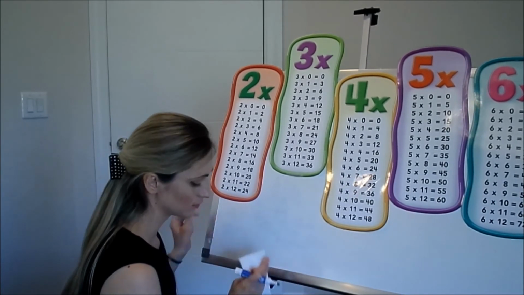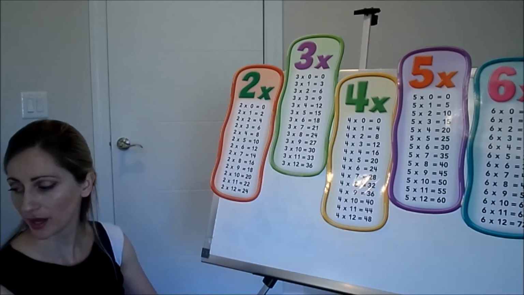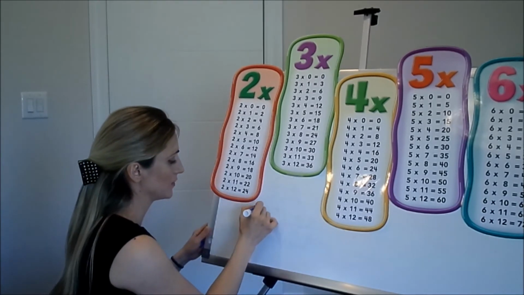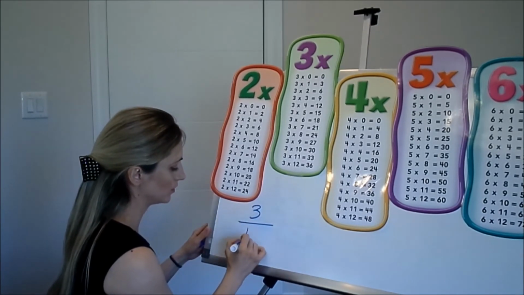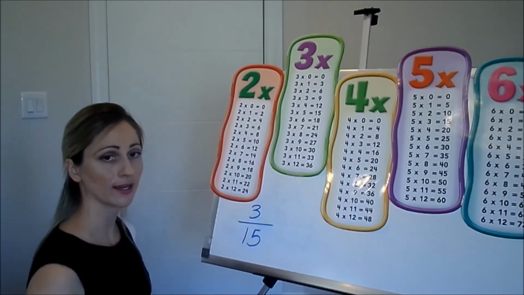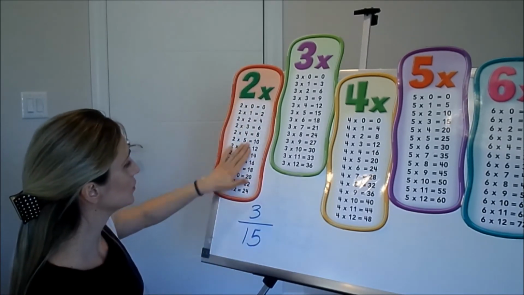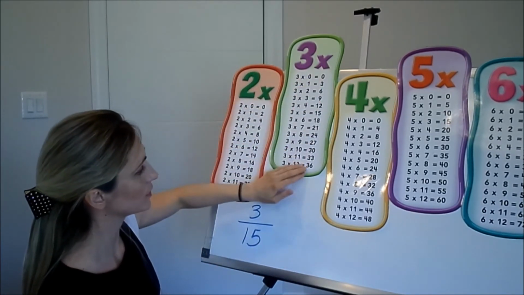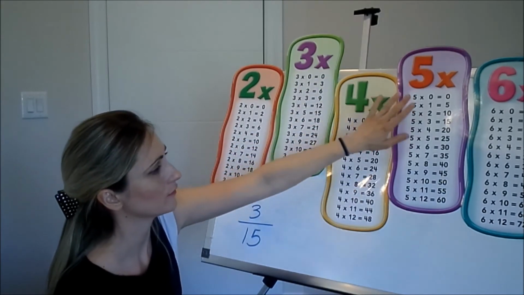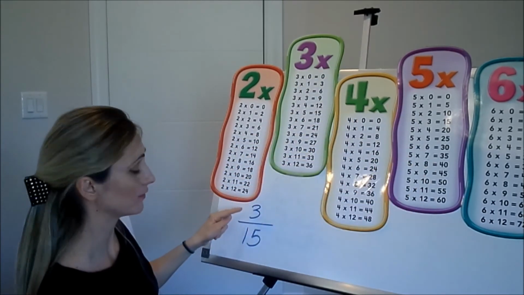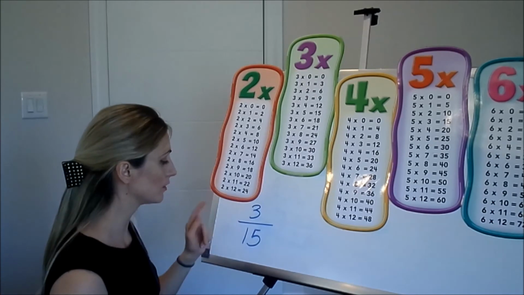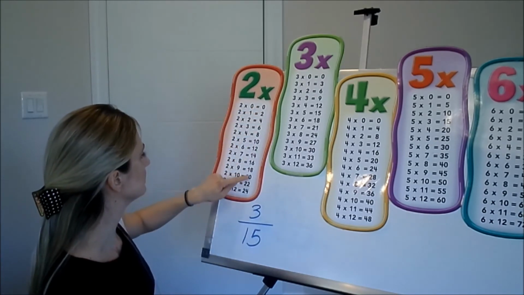Okay? So for B now, you have 3/15. Let's see if you can do this before I get it done. I'm going to look at the 2 multiplication train, 3 multiplication, 4, 5, and 6, and see if I can find 3 and 15. Nope.